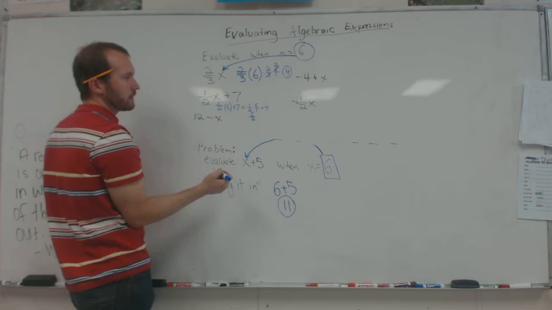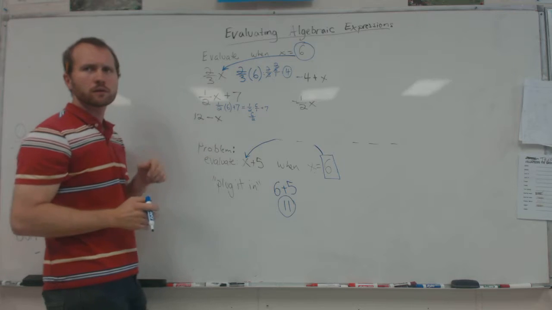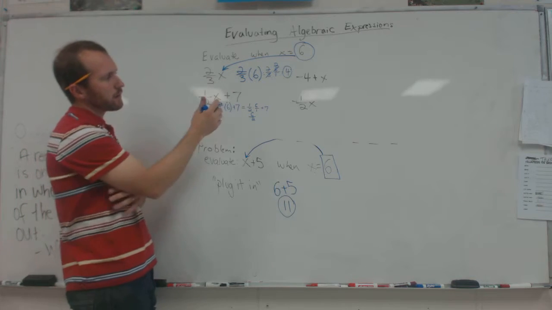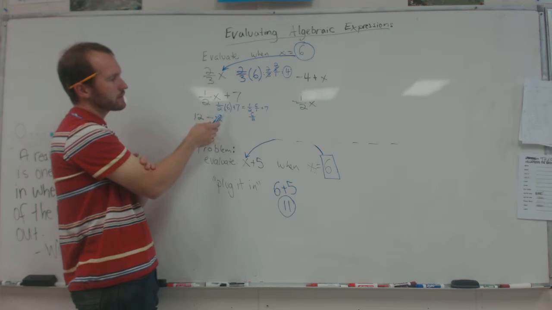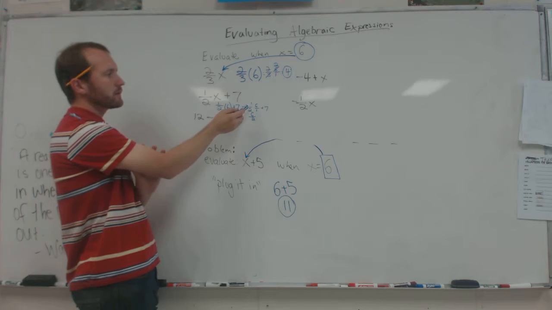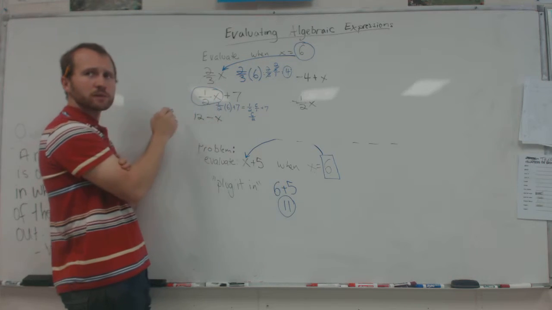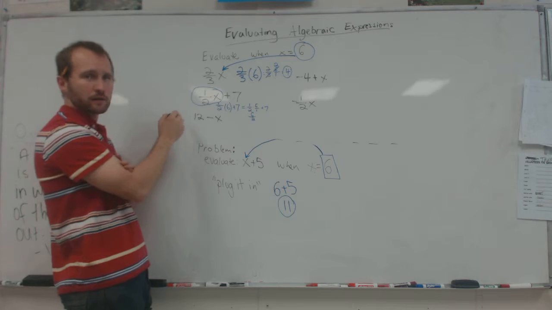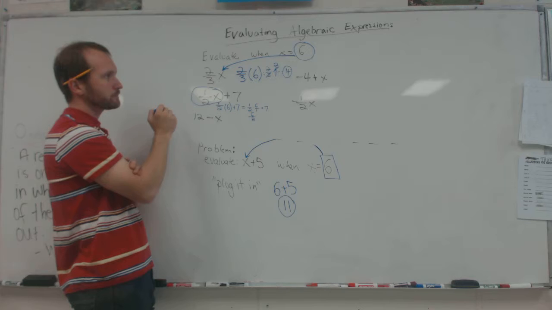Plus 7. Now do I do the plus 7 first or the 1/2 first? Think about our order of operations. Parentheses, okay, nope, nothing in the parentheses. Exponents, no exponents. Multiplication. So when we see 1/2 x, that is multiplication, right? This means 1/2 times x.